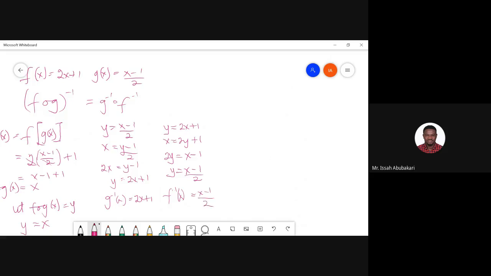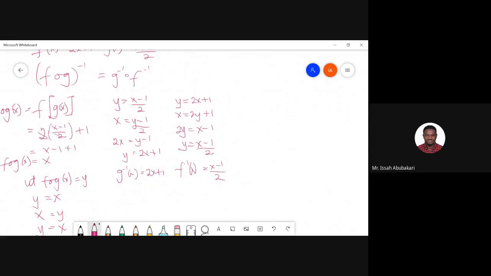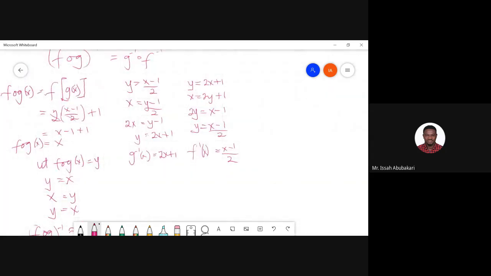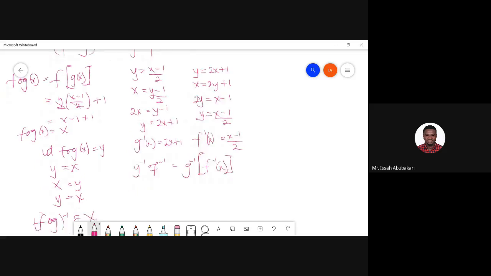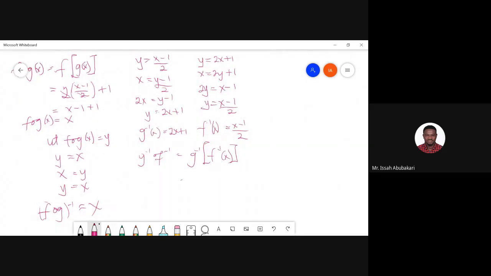Now, let's put this: g inverse of f inverse is the same as g inverse substituted by f inverse of x. Okay? So let's try to put it inside. So g of x is 2, and then we are going to have (x minus 1) divided by 2 plus 1, right?